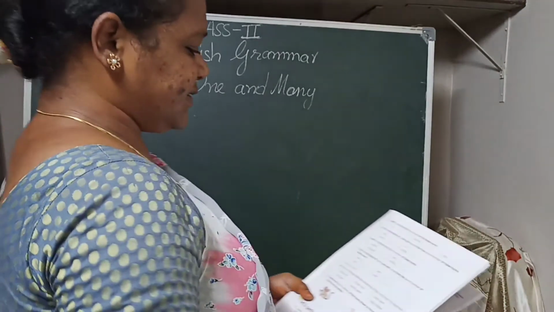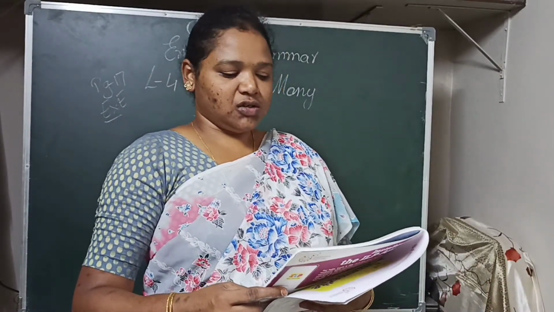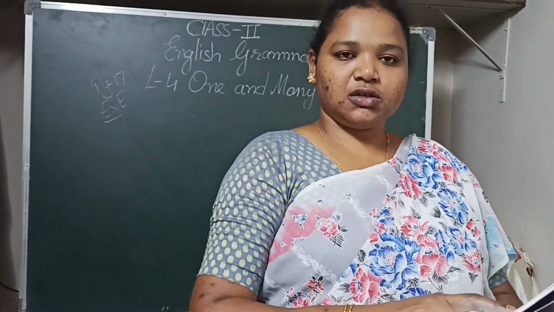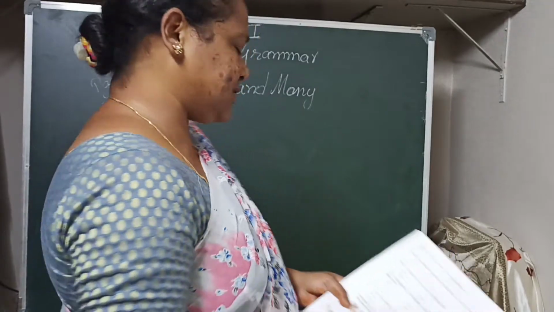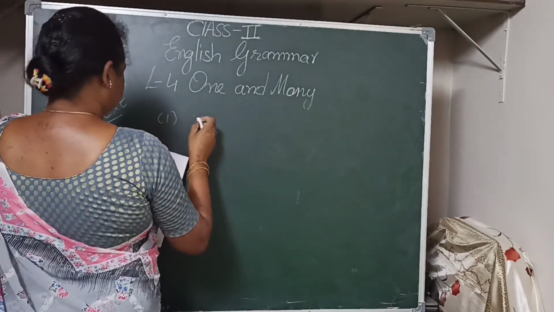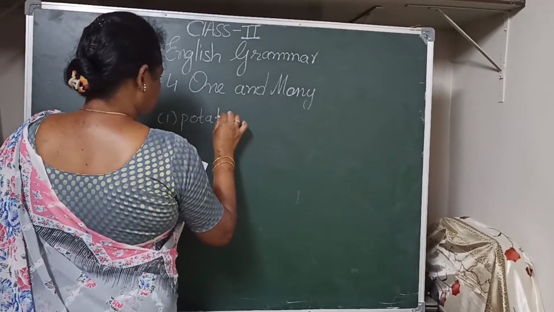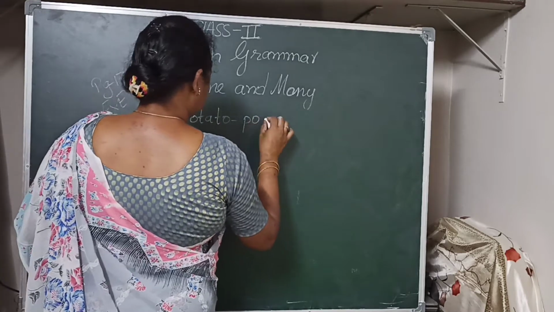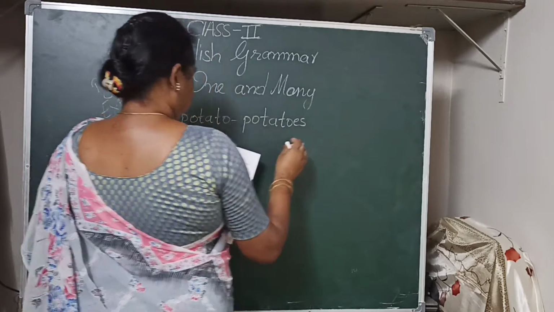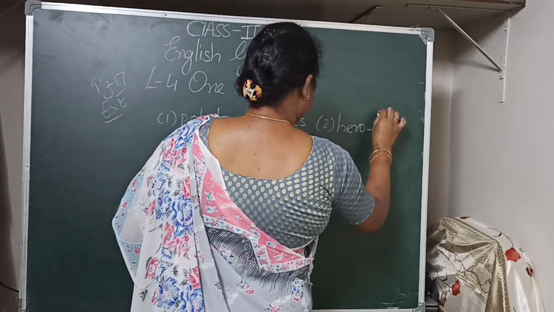So the next exercise, exercise E. Add es to form the plural of these nouns. The last ending letter is o in all these words. So we have to only add es. Okay? Exercise E. First word, potato. Potatoes. Second one, hero, heroes.